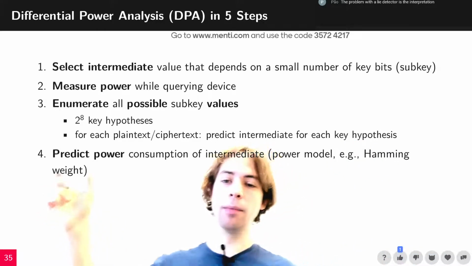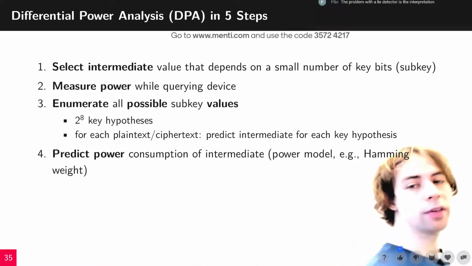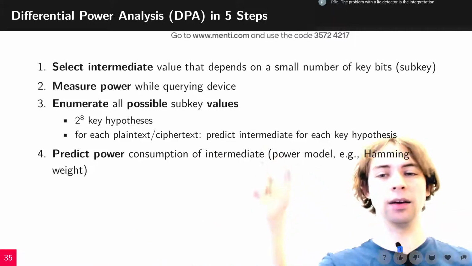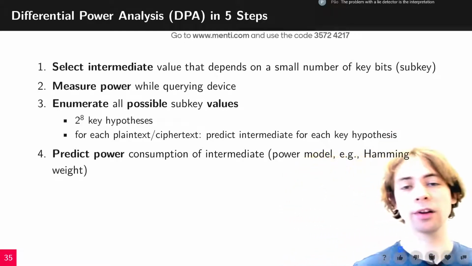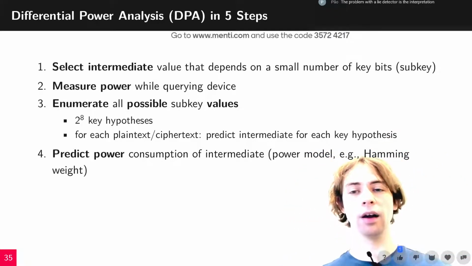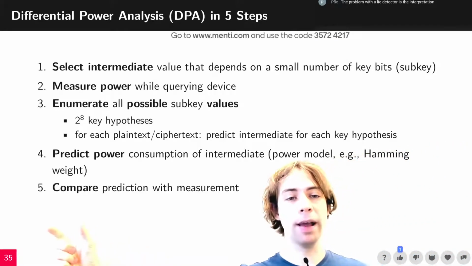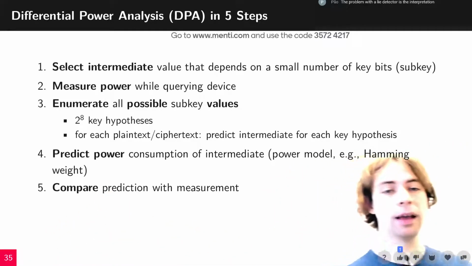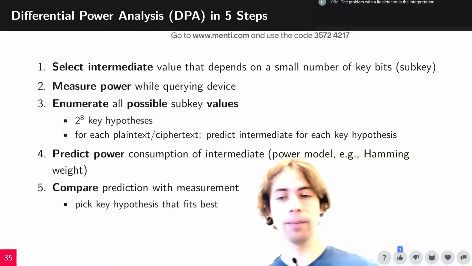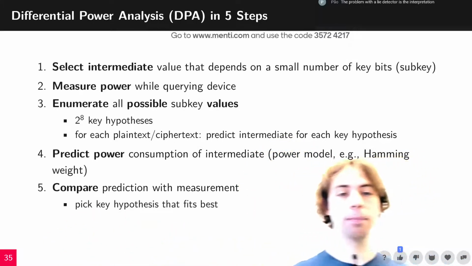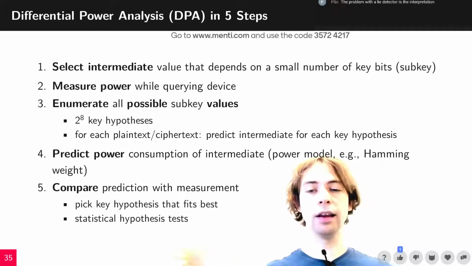And for each plain text and ciphertext, we then predict what this intermediate value for this key would be. We will also then predict the power consumption for this intermediate. Will it be rather high or rather low, depending on how many bits are set, for instance with the Hamming weight power model. And then we compare the prediction that we have made with the measurement. Then we just pick the key hypothesis that fits best and statistically try to confirm that.